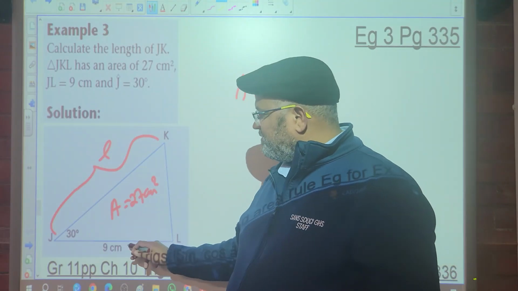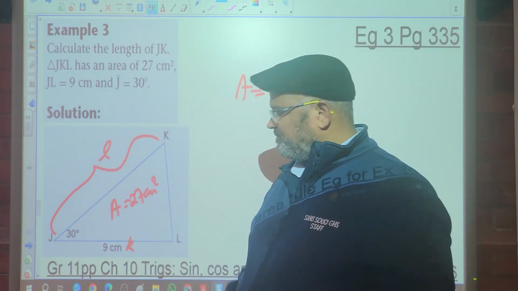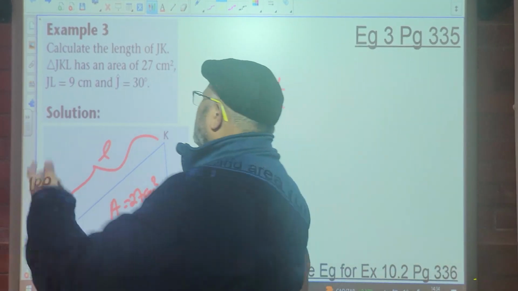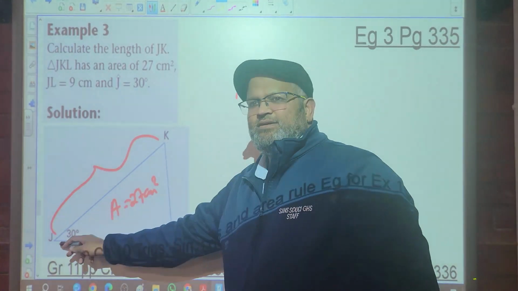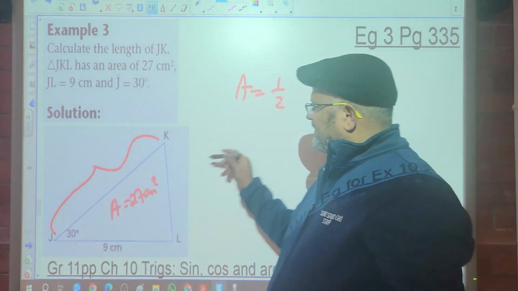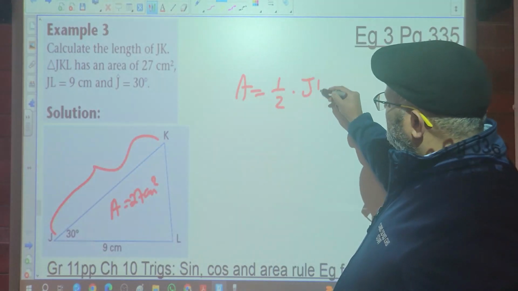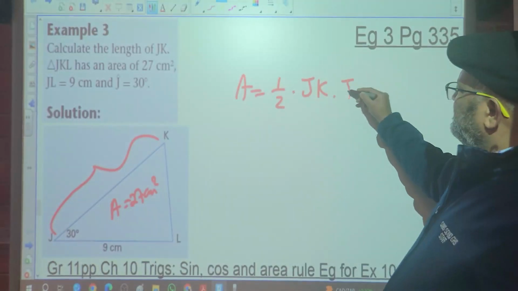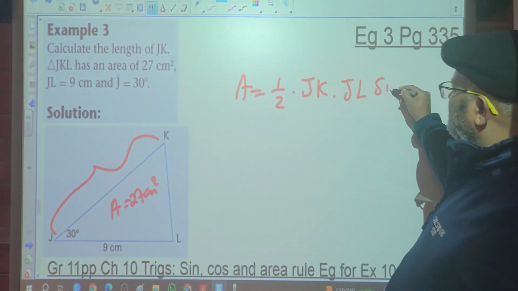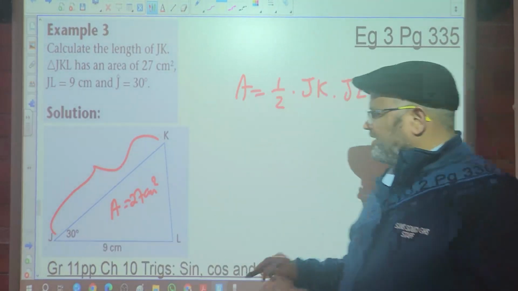And this is also known as lowercase? Okay. You all agree with that? But I don't need the lowercase. I know the name of this length anyway. What is that also known as? JK. JL. Sine of angle J.